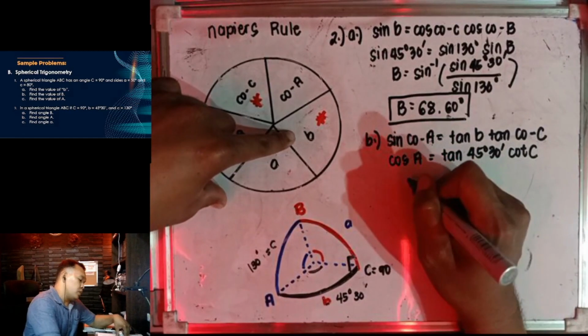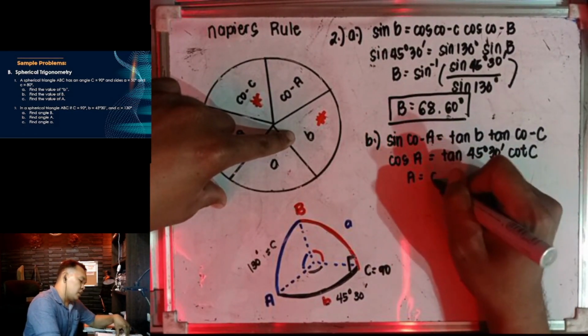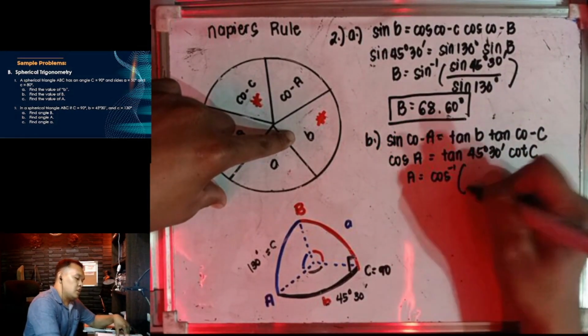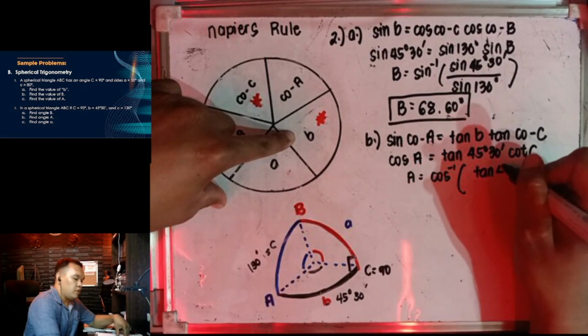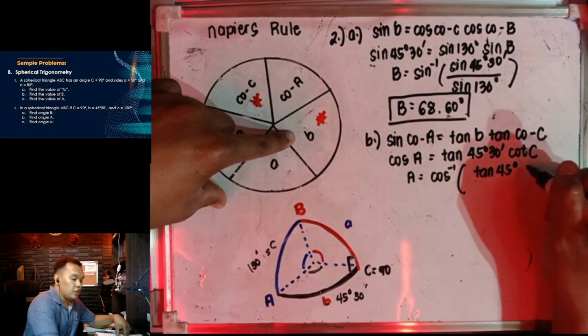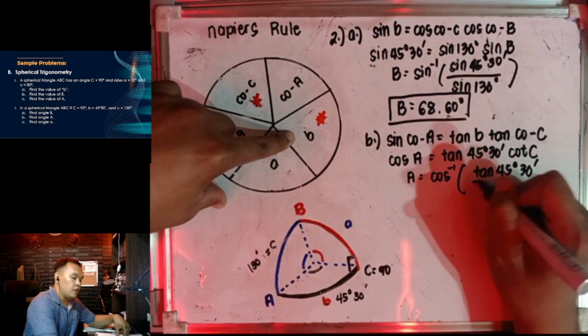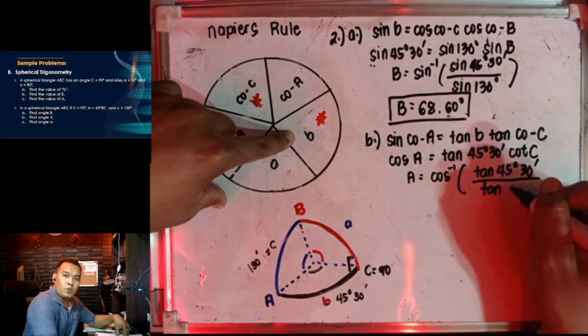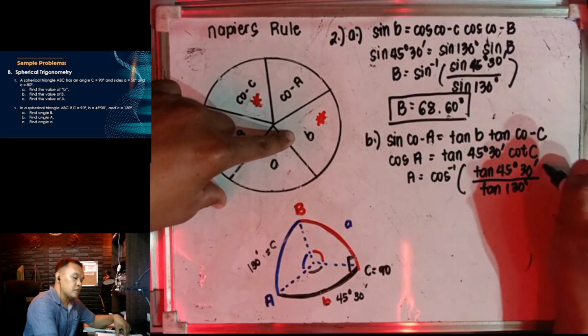So, I can say A is equivalent to arc cosine of tangent 45 degrees and 30 minutes all over tangent 130 degrees. Okay?